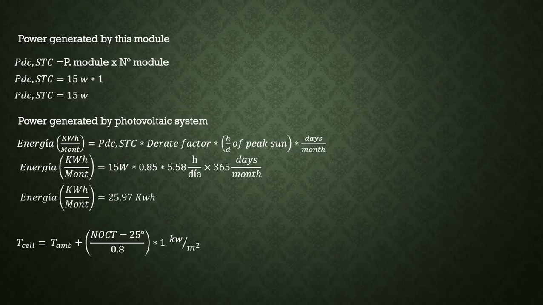Power generated by this module: the DC power is equal to the power of the module multiplied by the number of modules. We have 15 watts. The power generated by the photovoltaic system is equal to 25.97 kilowatt hour per month. Also, we use the same formula to know the temperature of the cell.